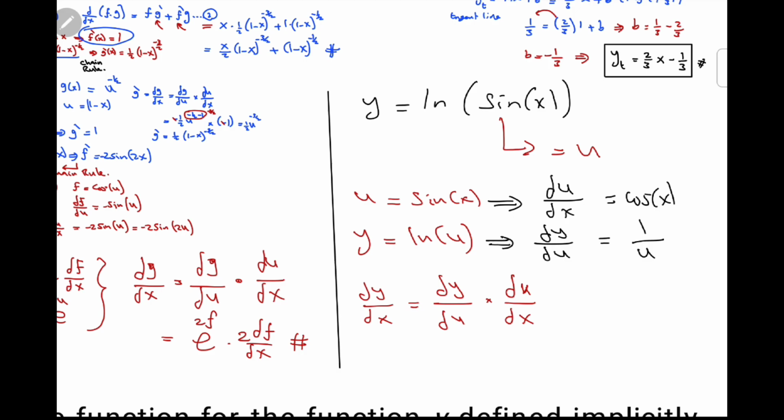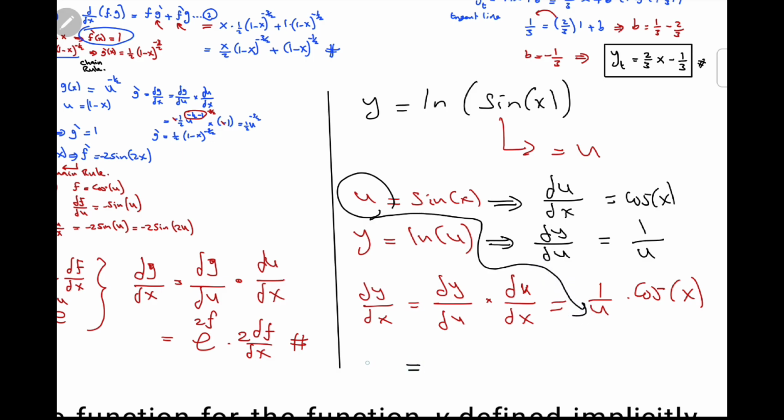So the answer will be 1 over u times du by dx, which is cosine x. But then we have to substitute back the u here.